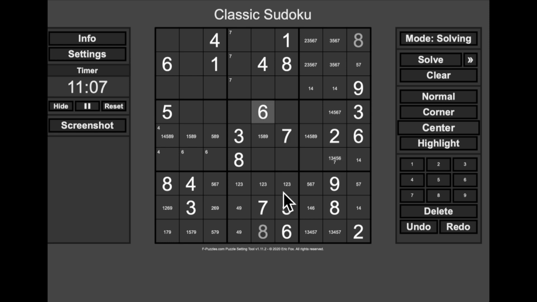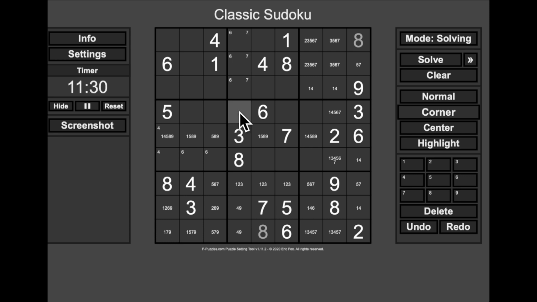Let's see, there's a 6 here and a 6 here. 6 has to go on the left of row 2. If I had one other digit, I'd be able to make this into a triple, but I'm not quite there just yet.